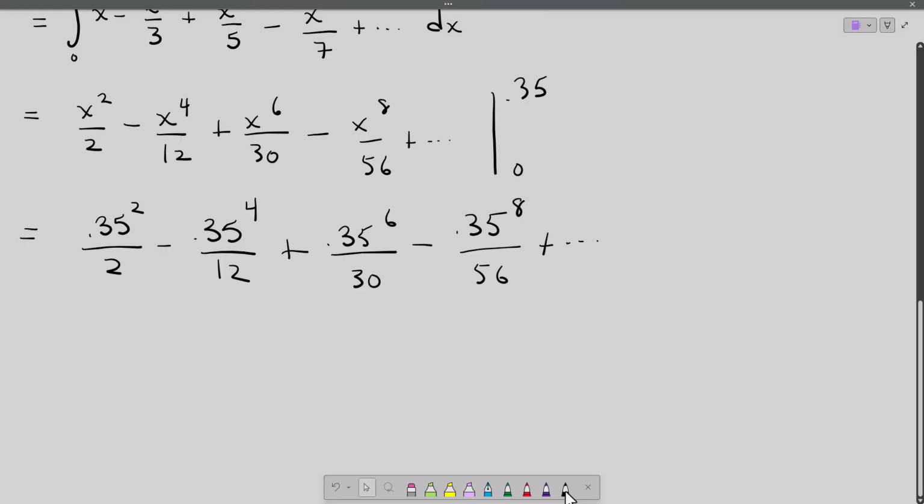We don't care about the subtraction of 0. That's not going to change anything. And so we're in the same position we just were.